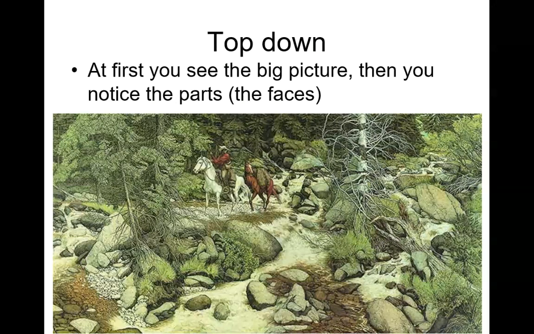And then you start to see the faces. And then you see even more faces. The longer you look at it, the more faces you see. And it's almost to the point where you don't even see the forest and the horses anymore, almost. This is an example of top down. Top down is when you start big, then you start to notice the details.